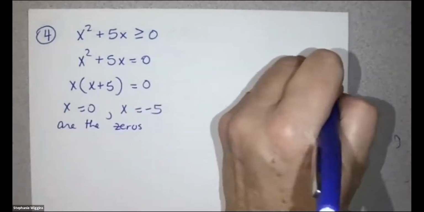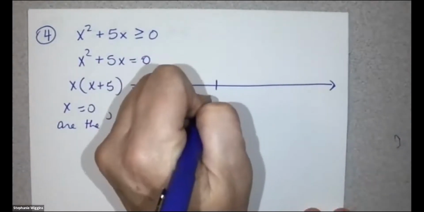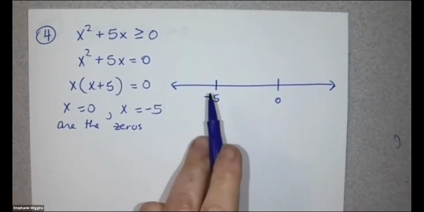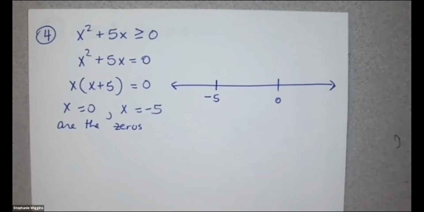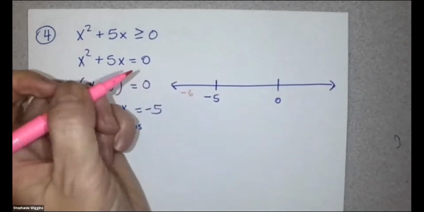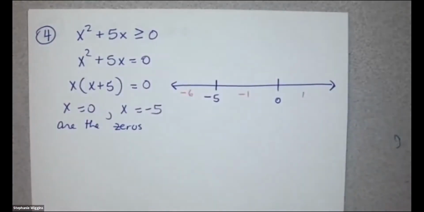And then we can plot those. And then we just pick points from each region that we've divided the number line into. So -6, -1, and 1.